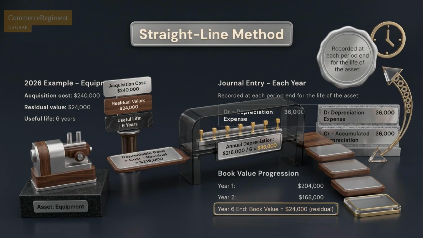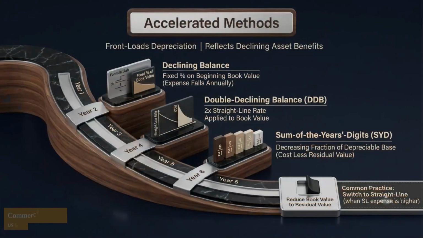Accelerated methods recognize more depreciation in earlier years and less in later years. This makes sense when the asset delivers more service potential early in its life. Declining balance applies a fixed rate to beginning book value. Double declining balance uses twice the straight line rate.